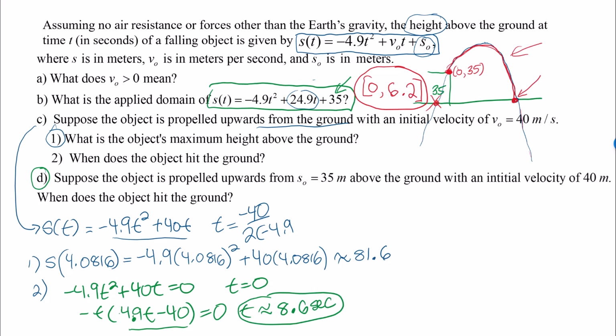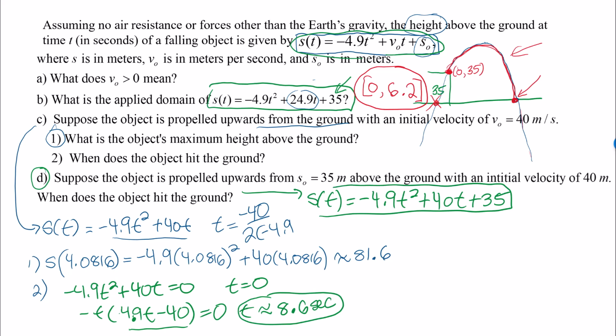Okay, so let's write down that equation for part D, and that's going to be S of t equal negative 4.9 t squared, and then I need to put in v0 t. I'm just using this equation above, and so that'll be plus 40t and then plus S0, so plus 35. So this is my equation for part D.